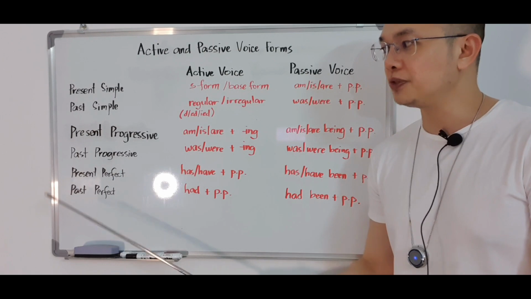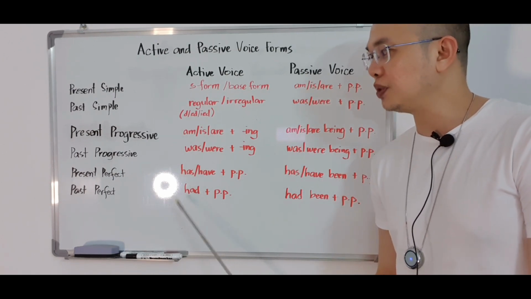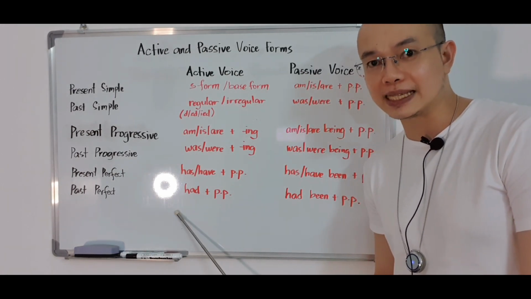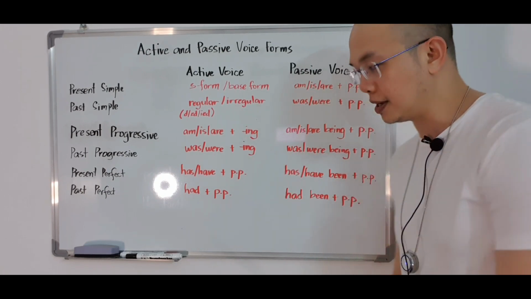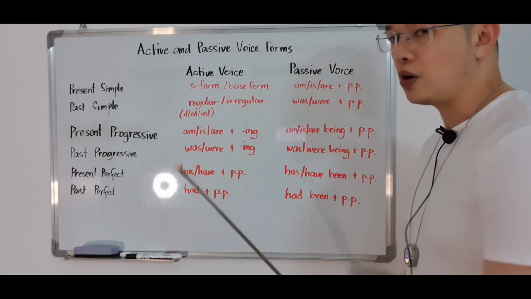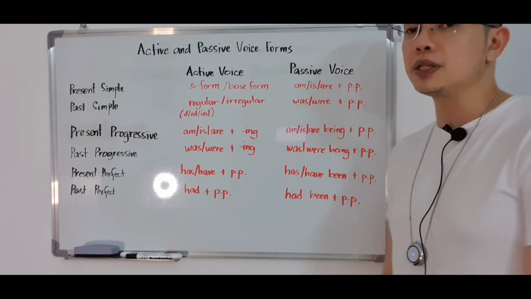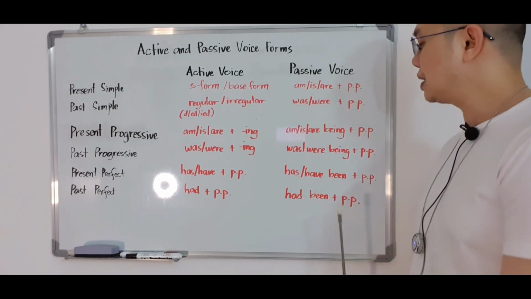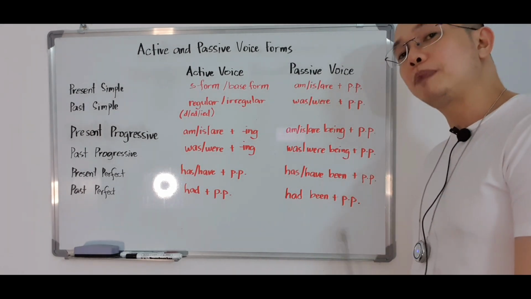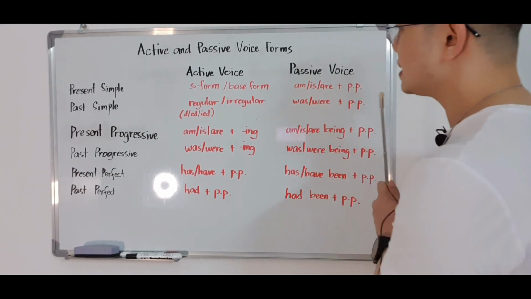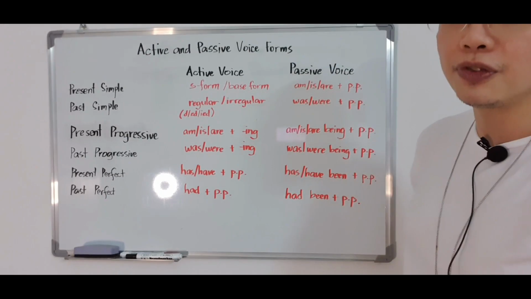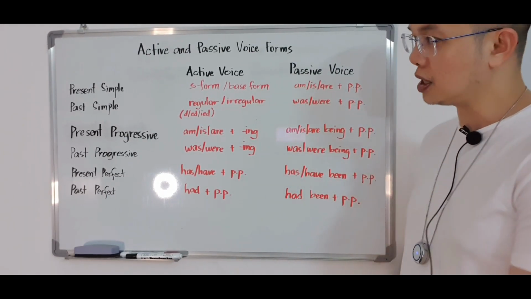For the past perfect, instead of has or have, you're going to use had this time. You don't have to worry about singular or plural subject this time because it will only have one form, had, and then plus participle. For the passive voice, you will have had been plus past participle.